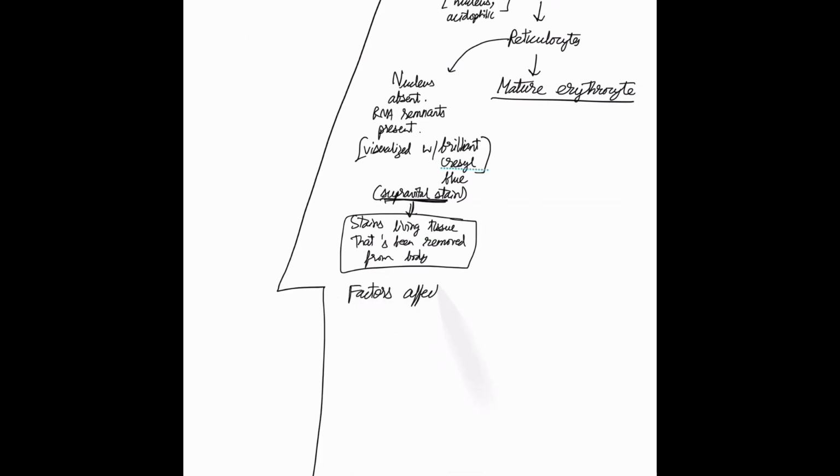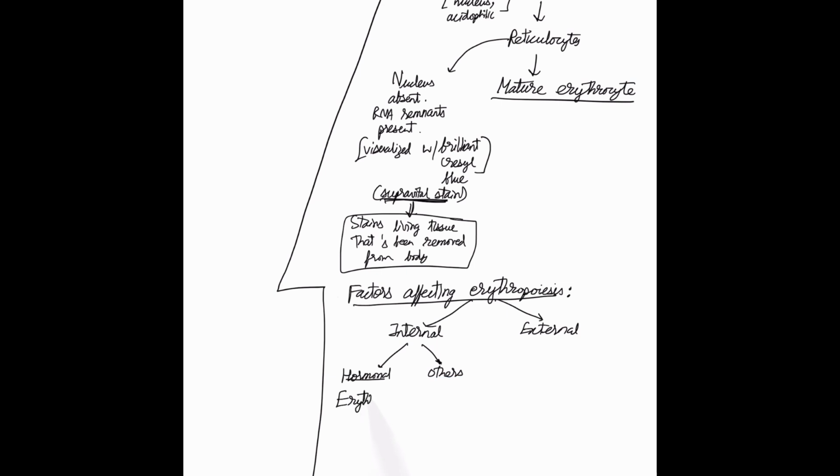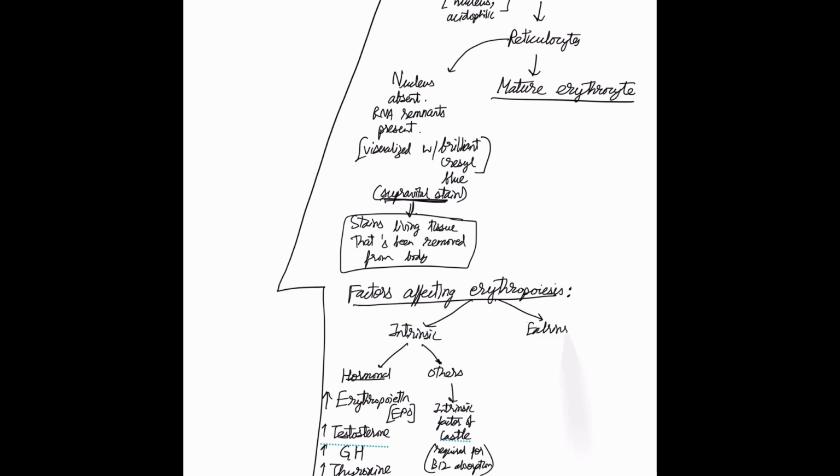Now, moving on to factors affecting erythropoiesis, we have intrinsic factors and extrinsic factors. Intrinsic factors are present inside the body, and extrinsic are basically dietary sources. So, we have hormonal factors and other factors. Hormonal, we have erythropoietin, testosterone, growth hormone, and thyroxine. Others, we have intrinsic factor of Castle, which is required for B12 absorption, and hemolysates, or basically hemoglobin degradation products like heme.